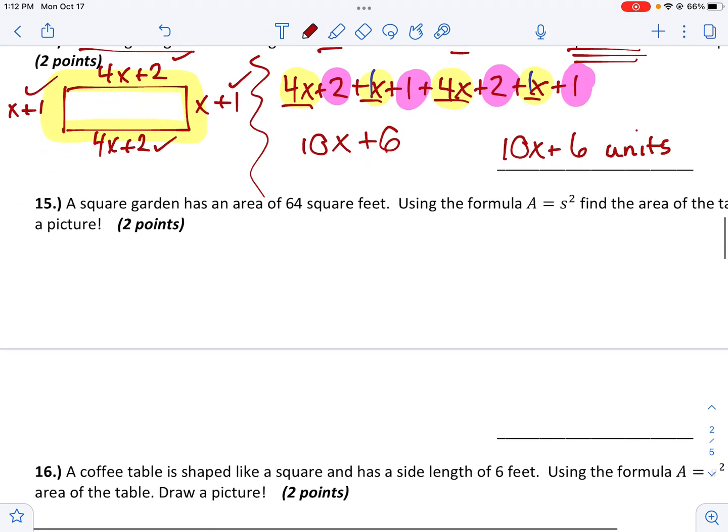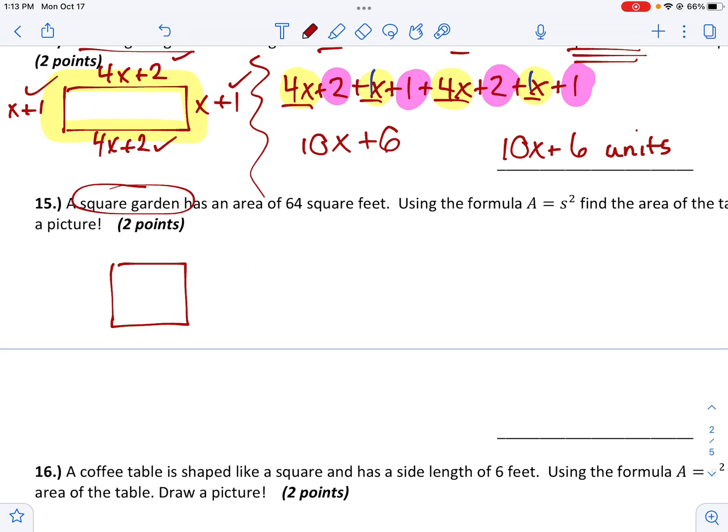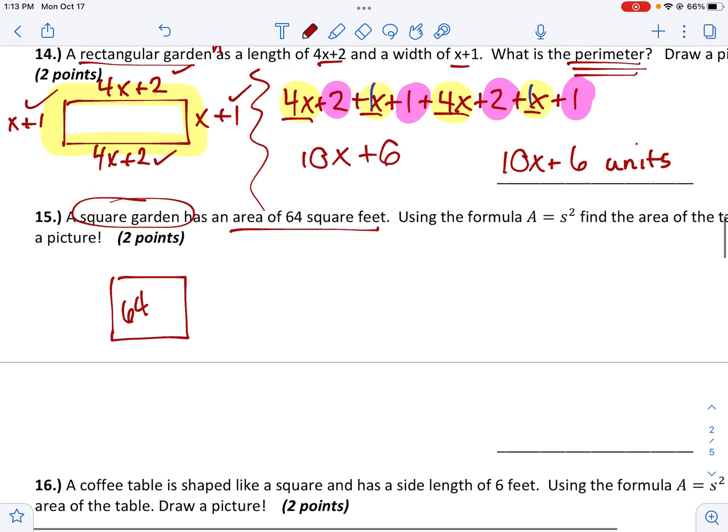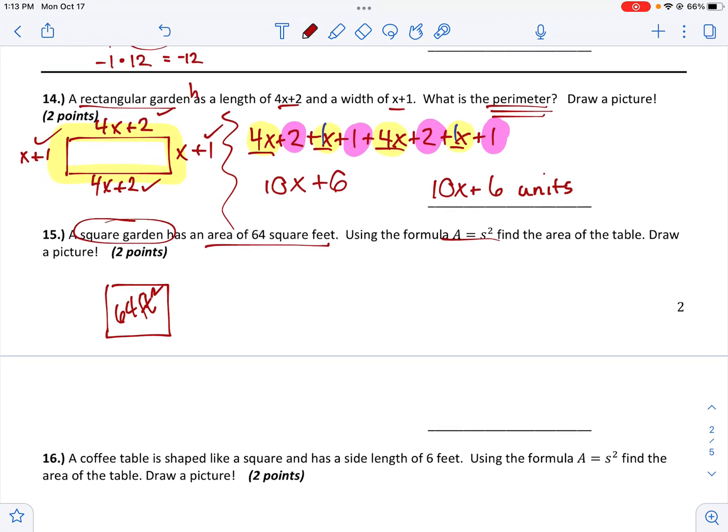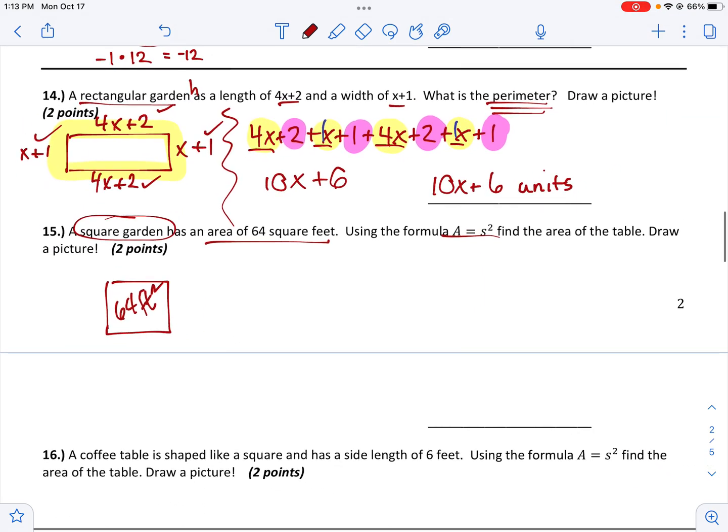Number 15, a square garden. A square garden, remember, all the sides have the same length. The square garden has an area of 64 square feet, okay? Using the formula A equals S squared, find the side length of the square garden. Draw a picture.